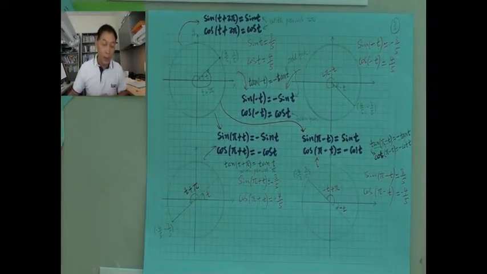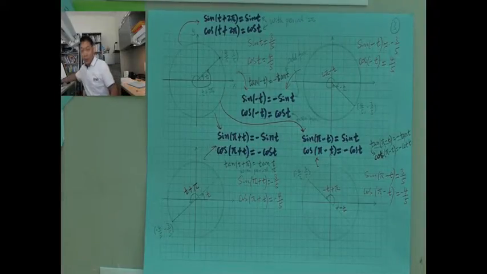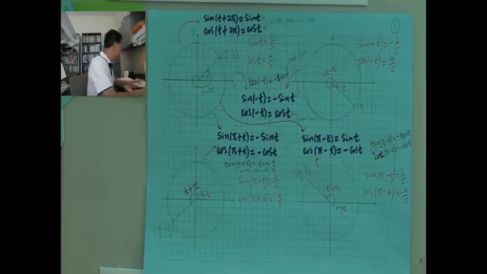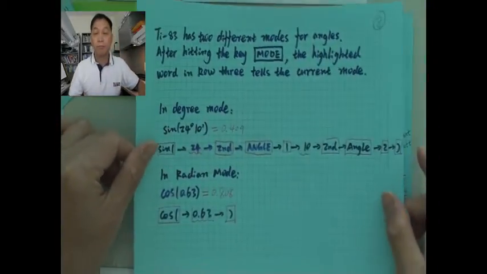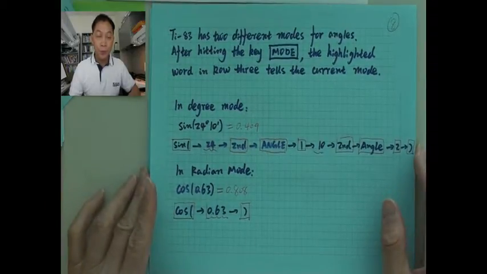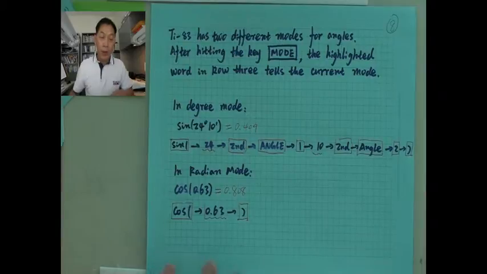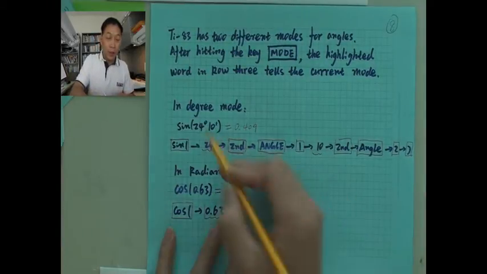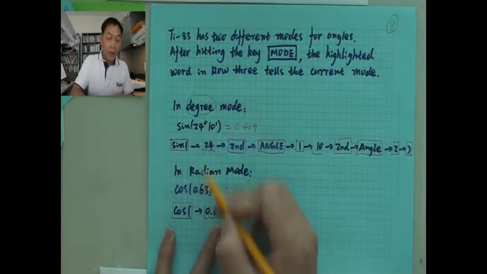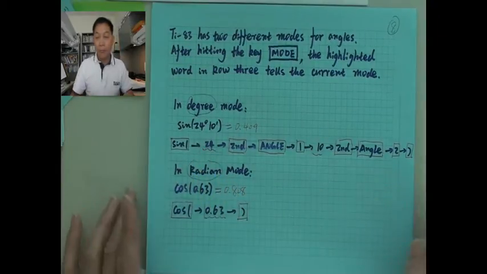So after we get this far, let's do some questions with a calculator. You know, angles have two different ways to measure them. One is in degrees, another is in radians.